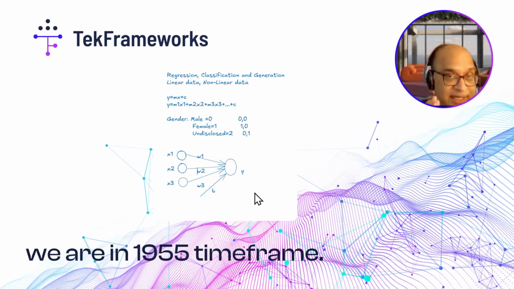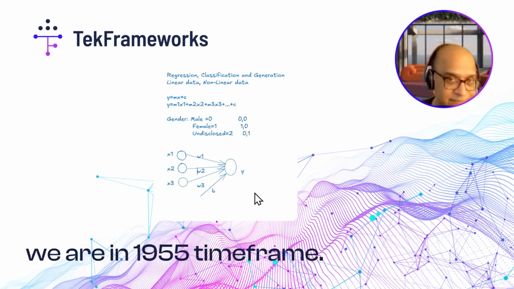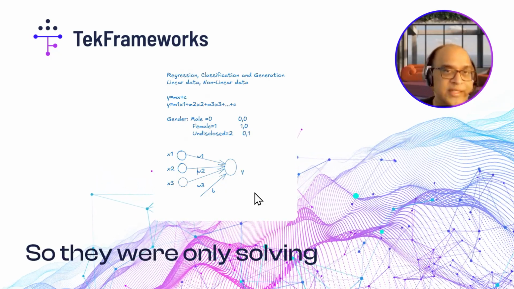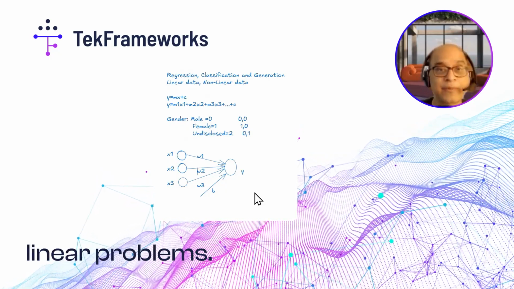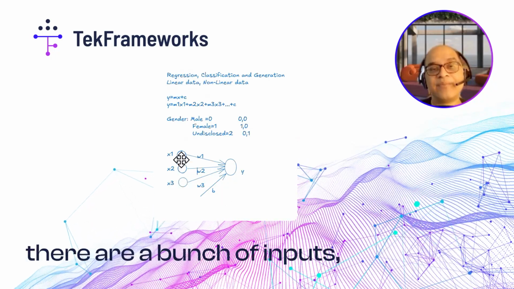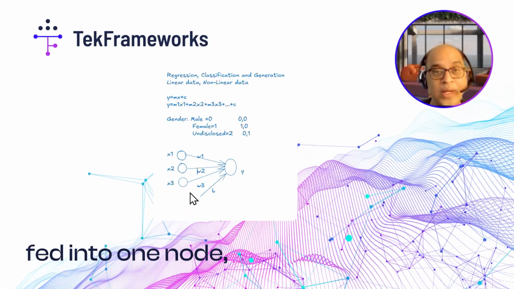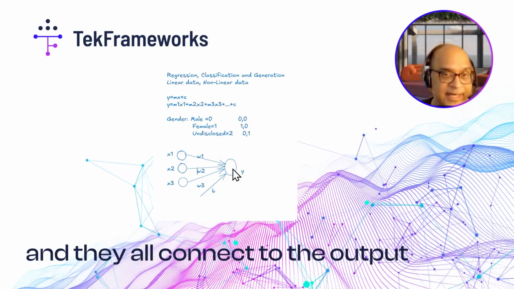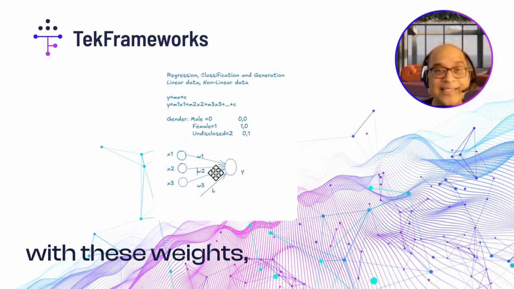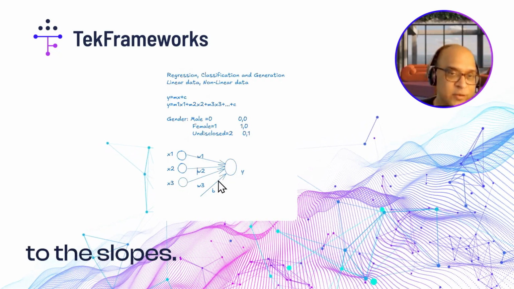As I said, we are in the 1955 time frame, so they were only solving linear problems. Hence there are a bunch of inputs, each one fed into one node, and they all connect to the output with these weights, which are equivalent to the slopes.